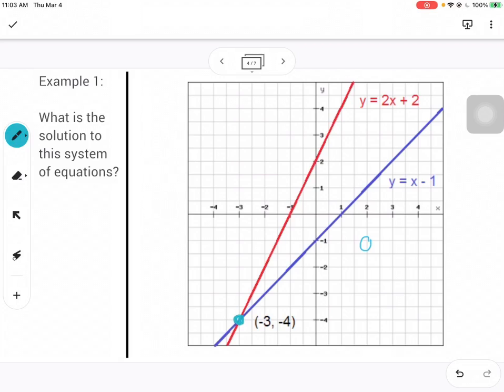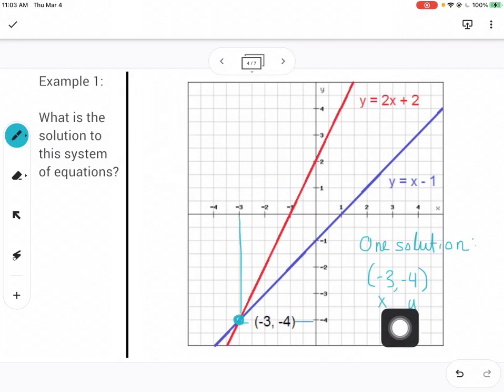That means we have one solution, and the point where they cross is (-3, -4). This means if I plug in x equals -3 and y equals -4 into both equations, I should get true equations. So let's try it.